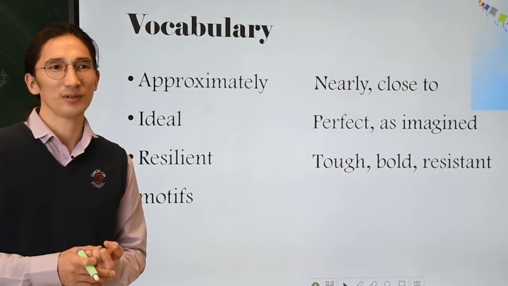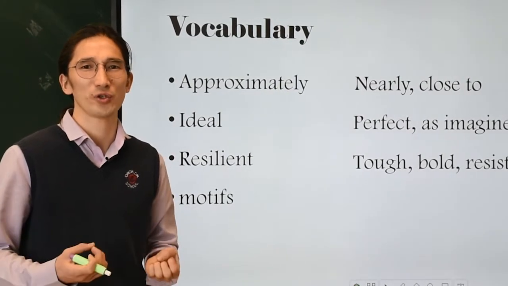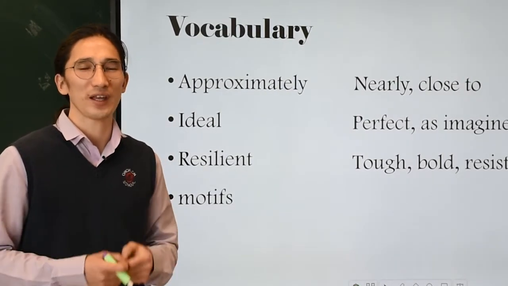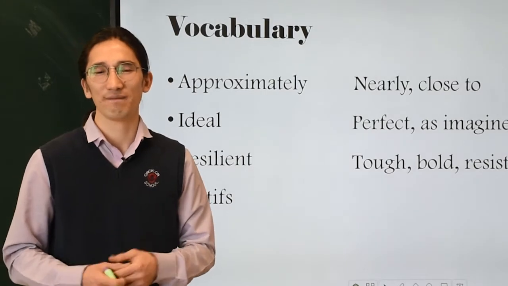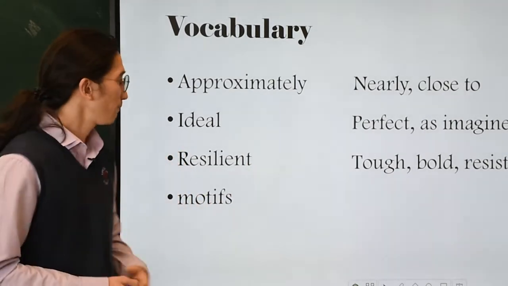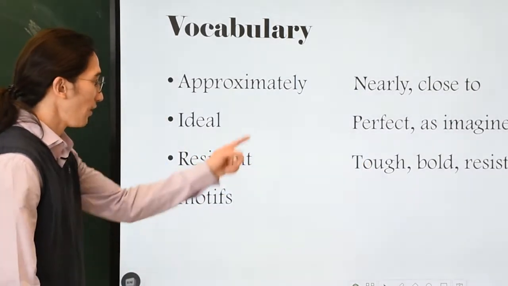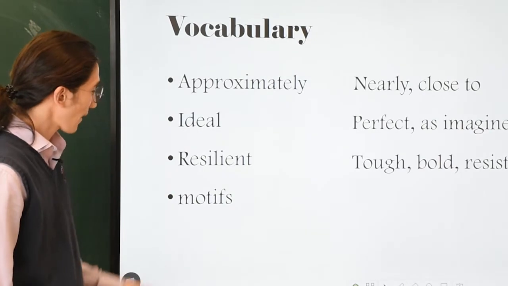For example, the task was very difficult, but you push and force yourself to keep moving. It's kind of a mentality that you can develop over time, okay? So it's not just a simple word like tough or bold, it also means resistant.